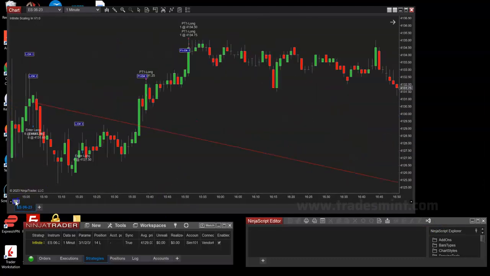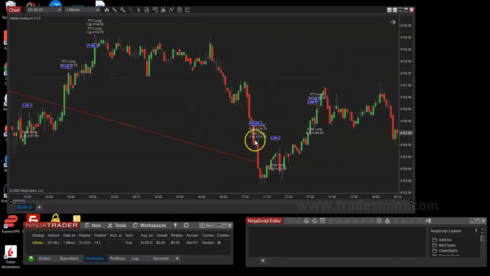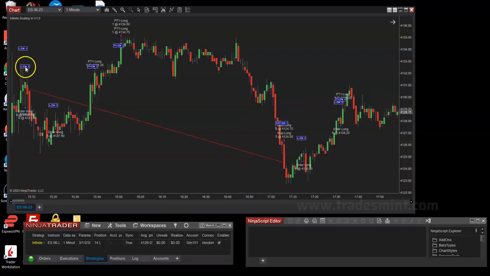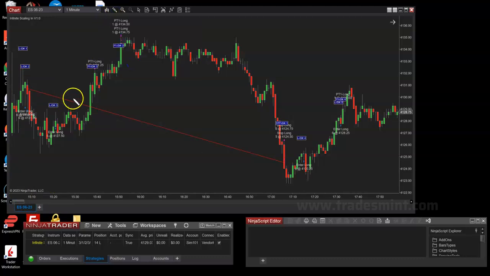Okay, so next, we can forget about that position, right? That's it, closed right here, and we know it because it says stop ID1. Okay, so long ID2, apparently, let's see our line.